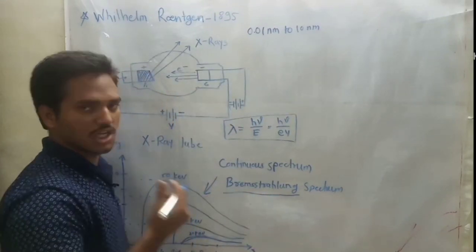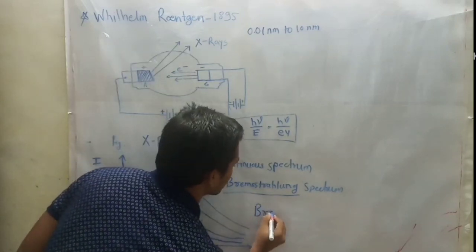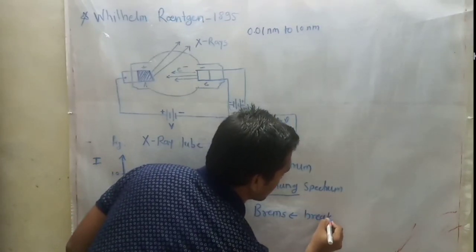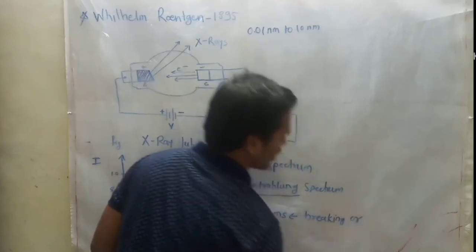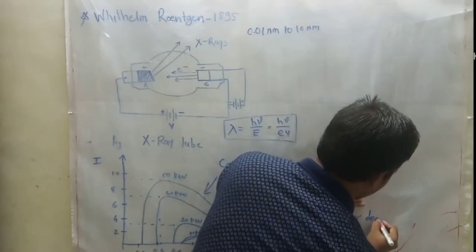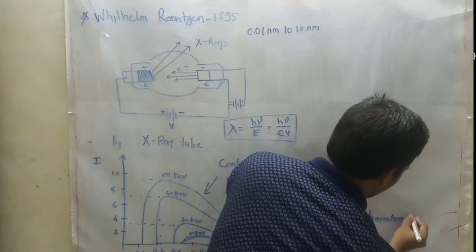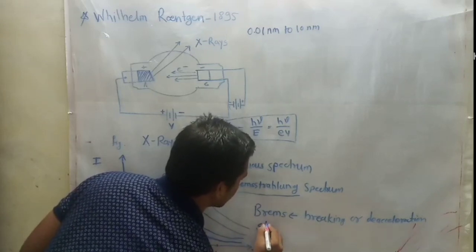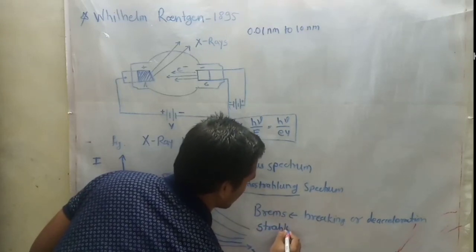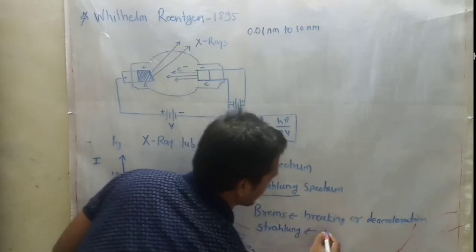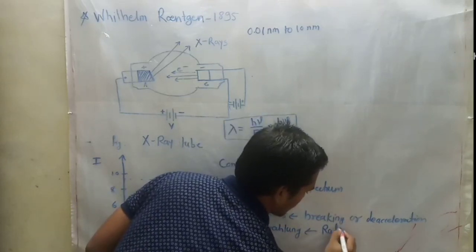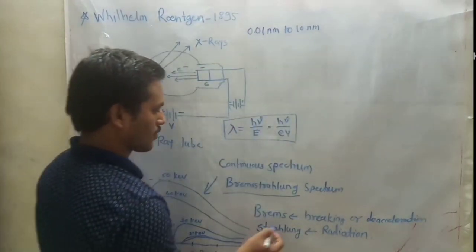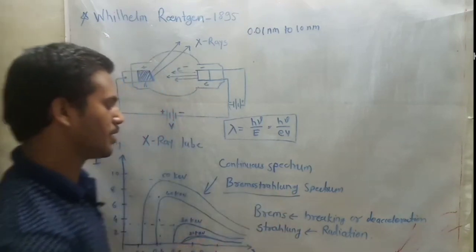Bremsstrahlung is a German word. Brems means braking or deceleration, and Strahlung means radiation.